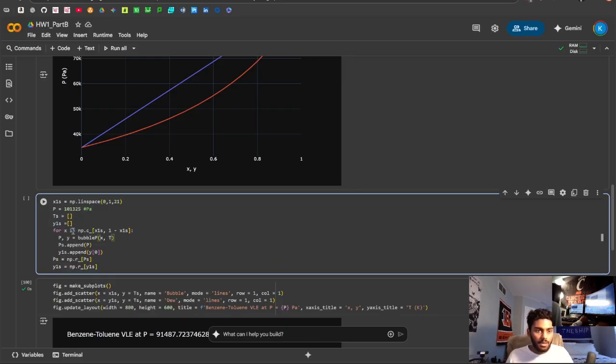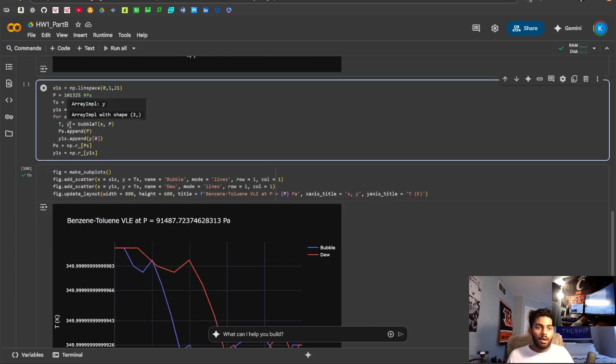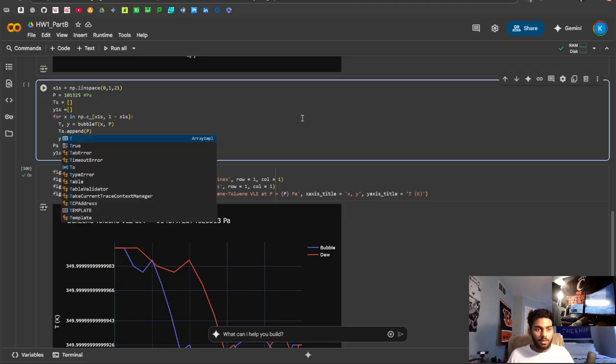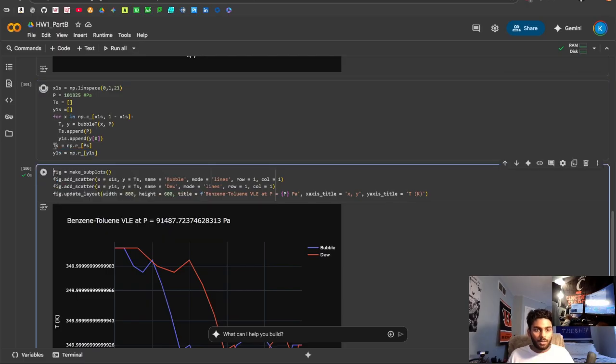So for now, X in our range of liquid phase compositions, bubble T, inputs of X and P. So this is going to be our temperature and our Y. So our T's append. Make sure everything here is following your temperature.